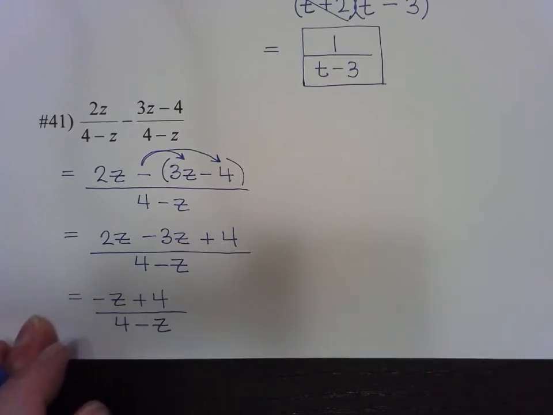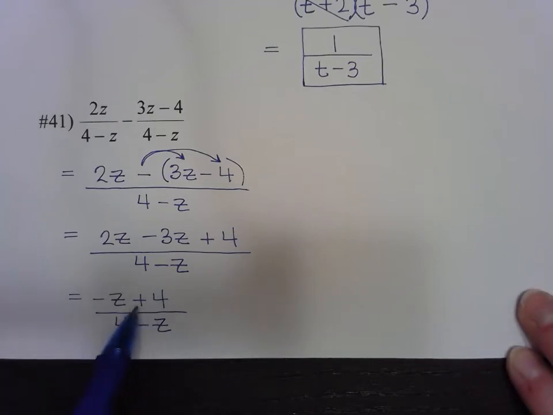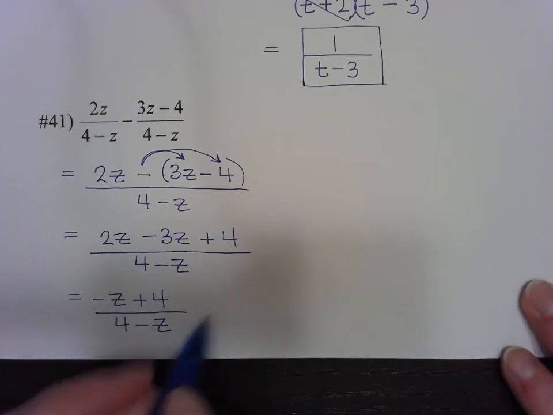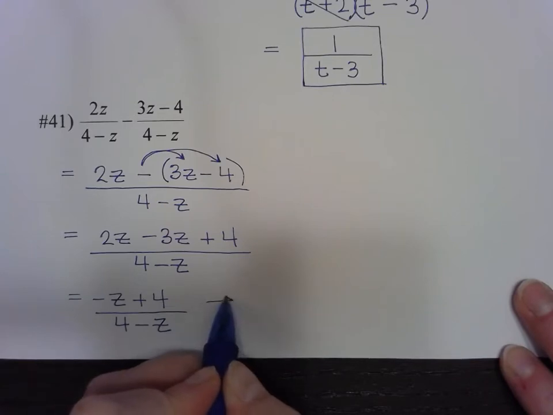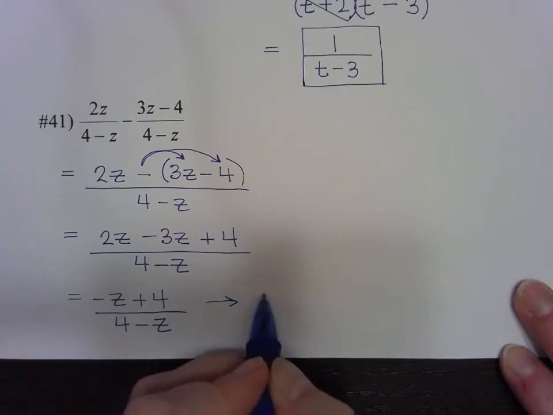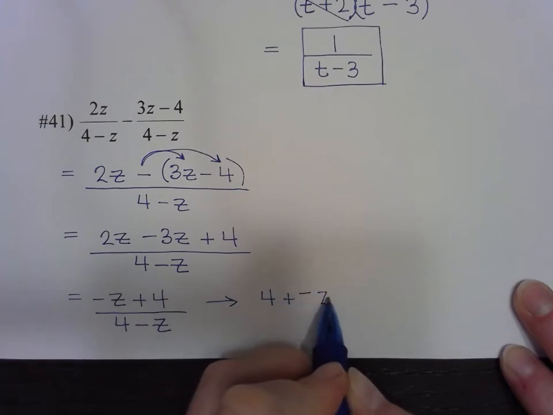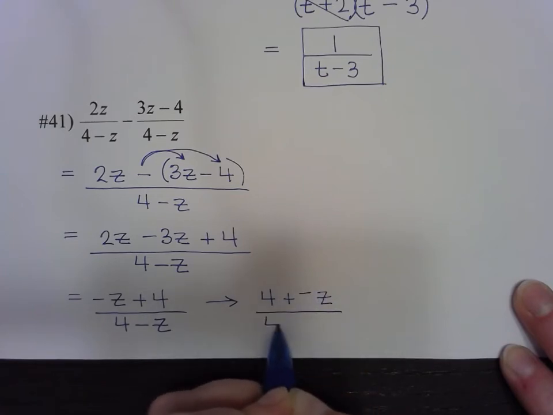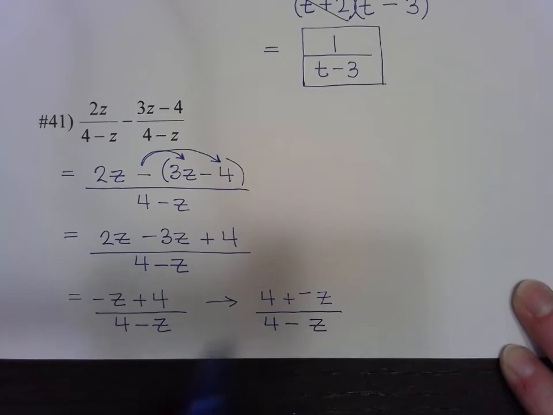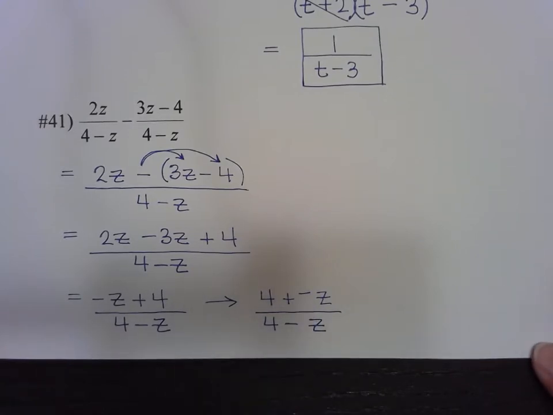All right, we've talked about this in a previous video. I am allowed to reverse the two numbers around a plus. So let me go ahead and do that. I'm going to go this way since I'm out of space. So if I put the 4 in front, plus -z in the back, adding a negative is the same as subtracting a positive, right?